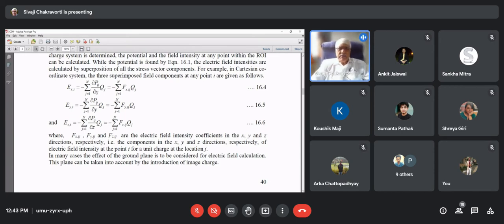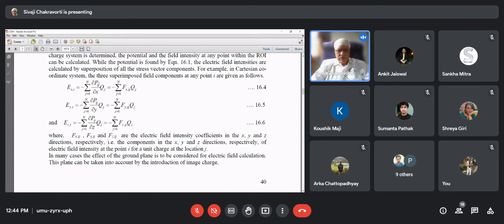So what I do is, instead of taking Pij, which is the contribution for potential, here we take minus del Pij del x. Because minus del Pij del x is, you know, the electric field intensity. Del Pij del x is potential gradient, and electric field intensity is minus del Pij del x. That's the x component. So this minus del Pij del x, we call it the field coefficient.